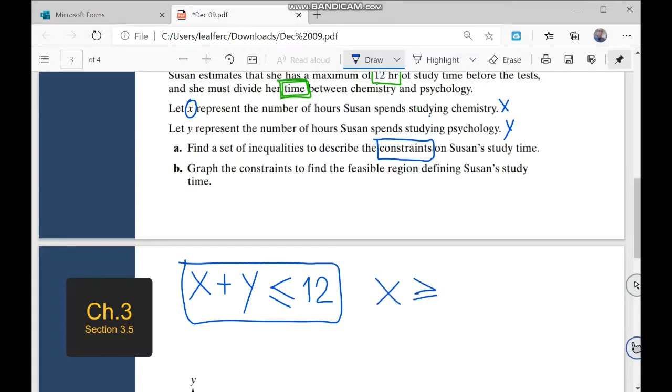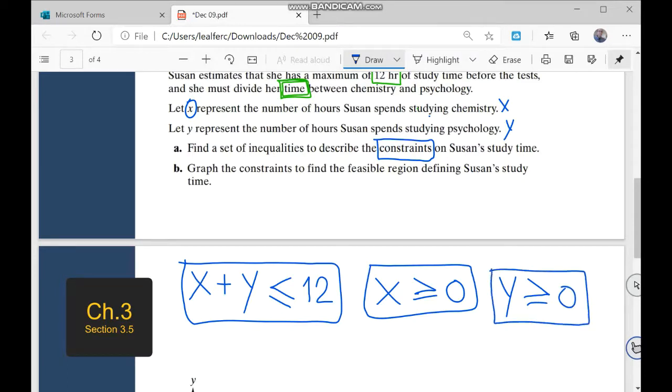So the number of hours cannot be negative. It needs to be greater or equal than 0. Another constraint, the number of hours of psychology cannot be negative. It needs to be greater or equal than 0. Those are the three constraints.